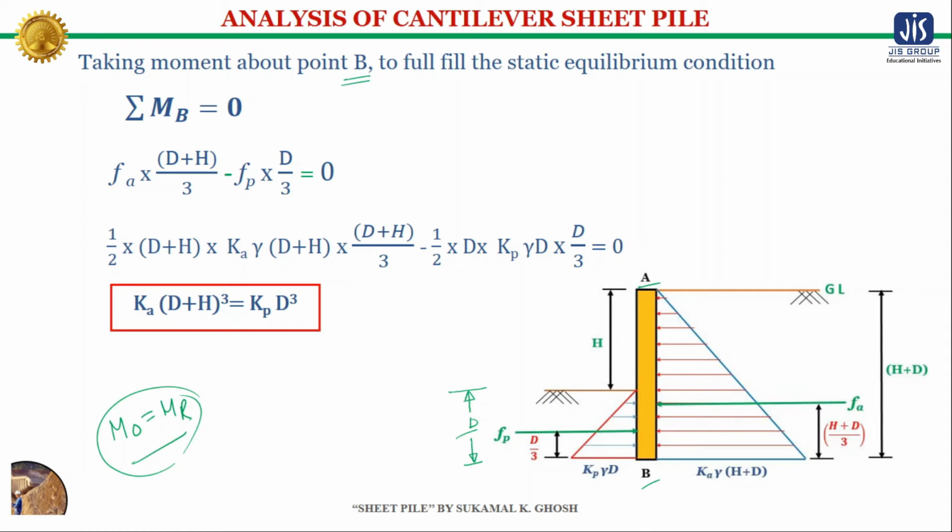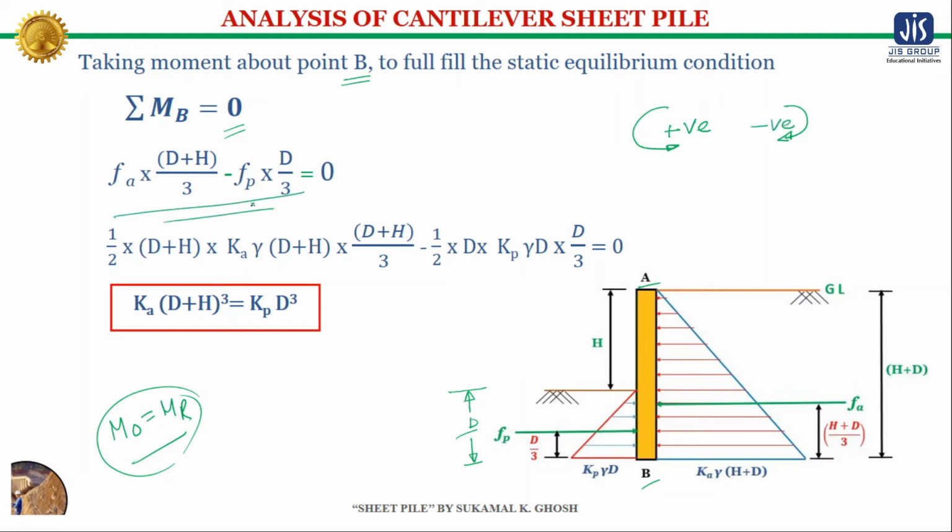And to fulfill the static equilibrium condition, we know the summation of all the moments about the point B has to be 0. If we consider the anti-clockwise moment as positive and the clockwise moment as negative, then you will have this expression.